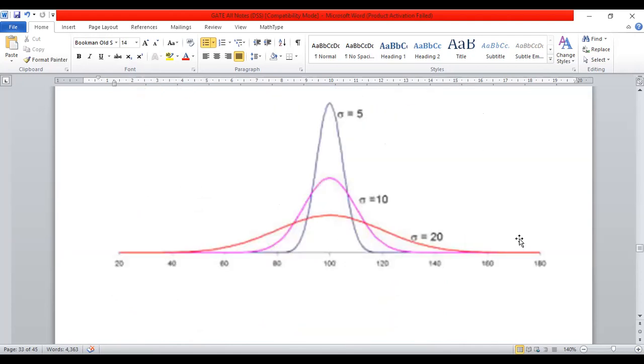These are three different normal distributions. All three have the same mean 100, but the variances are 25, 100 and 400.